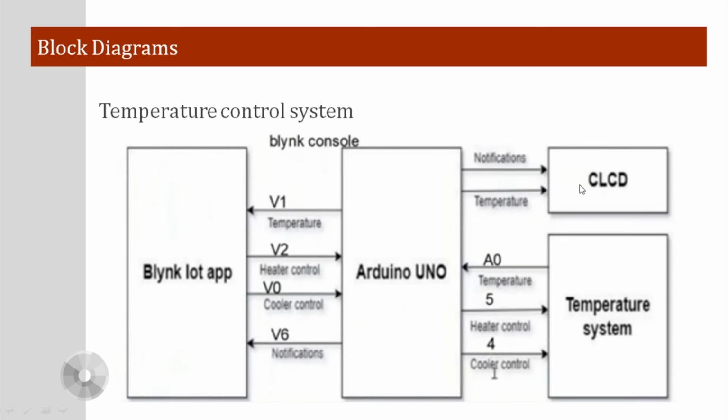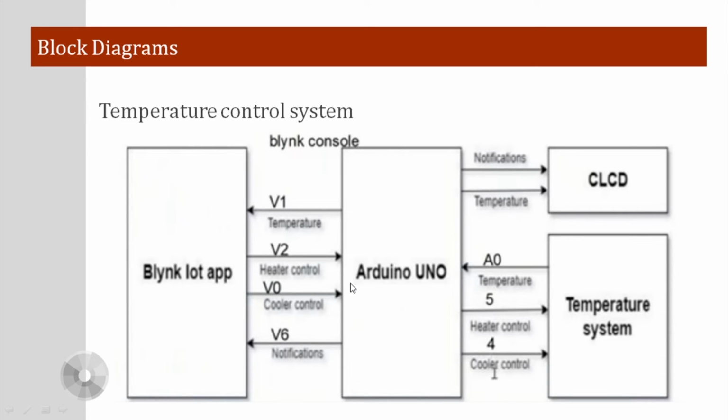So moving on to the next slide. This is the block diagram. Our first objective is the temperature control system. In this block diagram, this is the Blynk IoT app, this is the Arduino Uno, this is the LCD, and this is the temperature system. In our home, this temperature system and the LCD display are there.